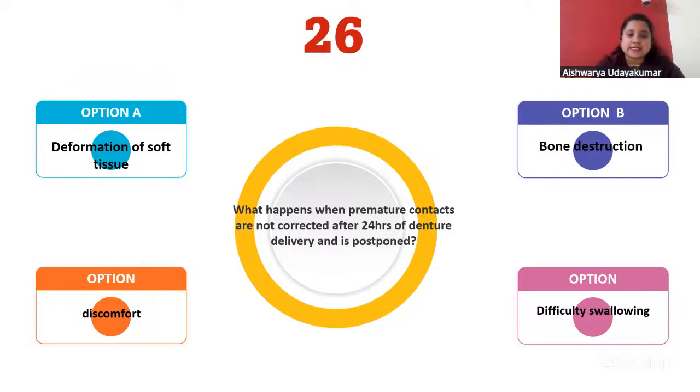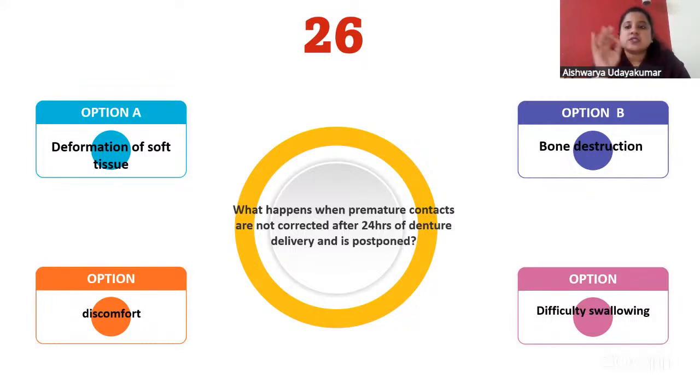What happens when premature contacts are not corrected after 24 hours of denture delivery? Delivering a denture is not just that we deliver it and the patient goes bye, bye. That is not the situation here.